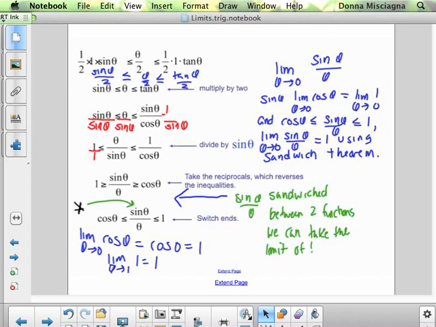The limit of 1 as theta approaches 0 is 1. The limit of any constant is that constant. So now we've got two constants that match. Sine theta over theta is sandwiched between two functions that we can now take the limit of. Hooray! So we are in the closing here.